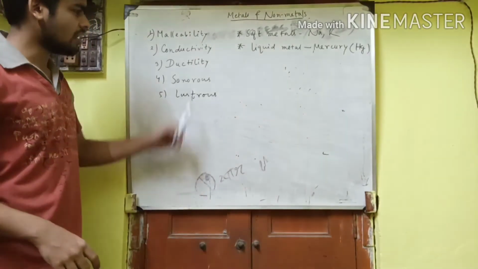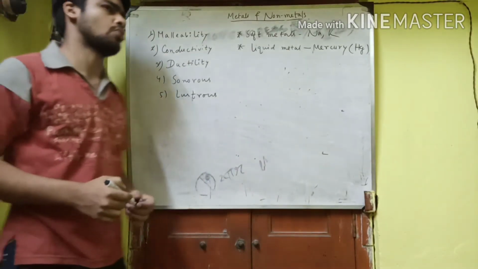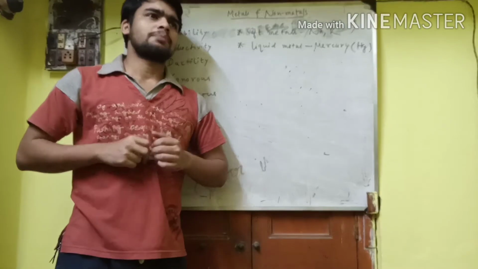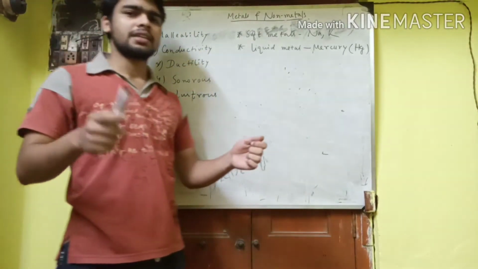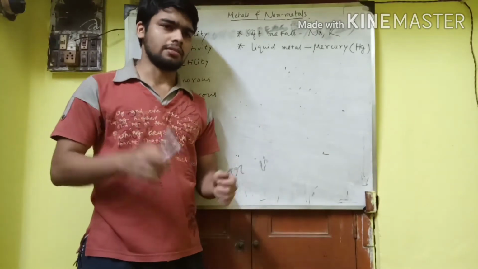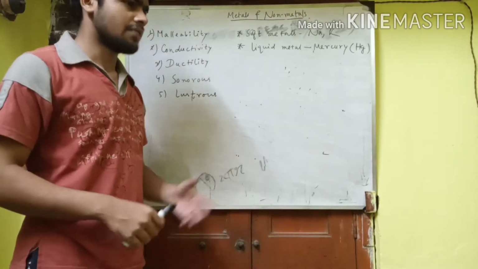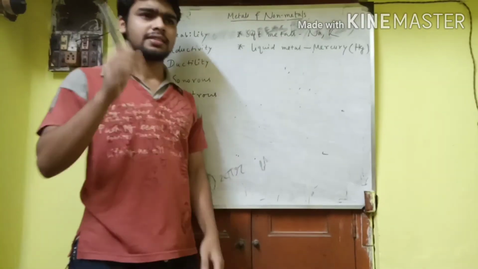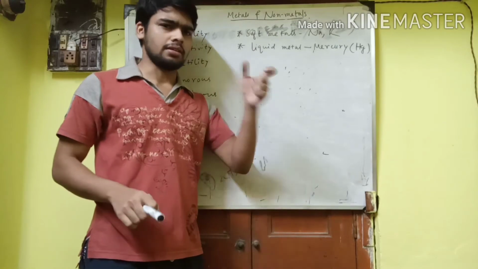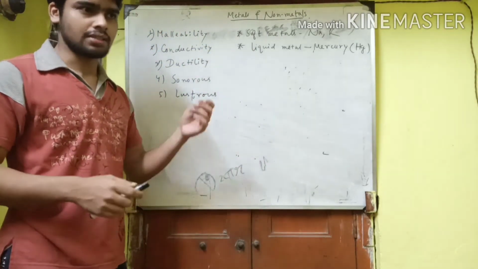The next point is sonorous. You all know that if a metal, such as an iron bar, is struck, it produces a sound.